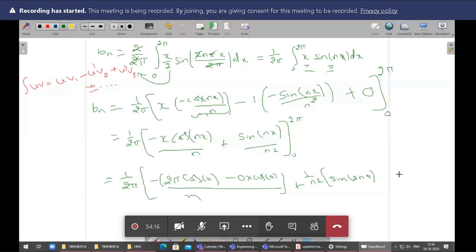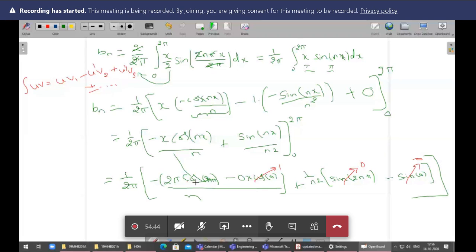As I said earlier in finding a n, sin 0 is 0, and sin 2n pi is also 0. Here we have a typing mistake. It is not cos 0, it is cos 2n pi, and cos 2n pi value is 1.